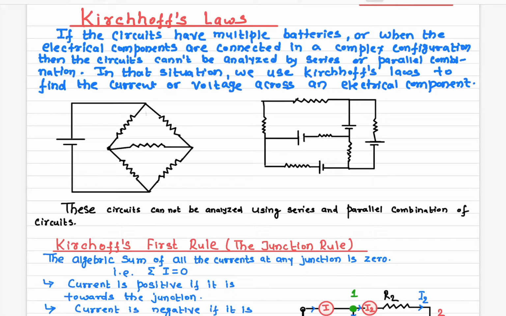If you have to find the current in a particular resistor or the voltage drop across a particular resistor, then you can use Kirchhoff's law to find the current or the voltage drop across a resistor or capacitor or any electrical component.